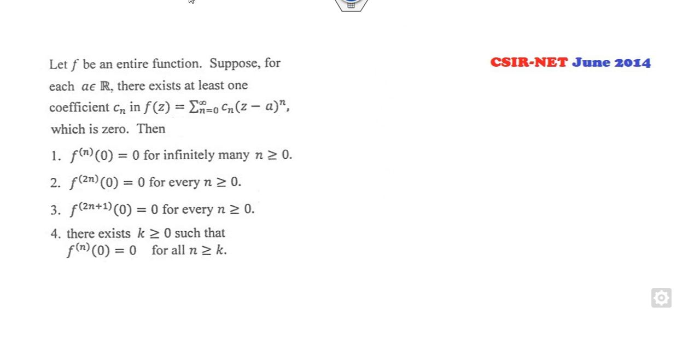Okay, look at another one. F is an entire function. Suppose for each A in the real numbers there exists at least one coefficient Cn which is 0. For each A, I can simply choose A as 0, then at least one Cn is 0. What can you say about this?